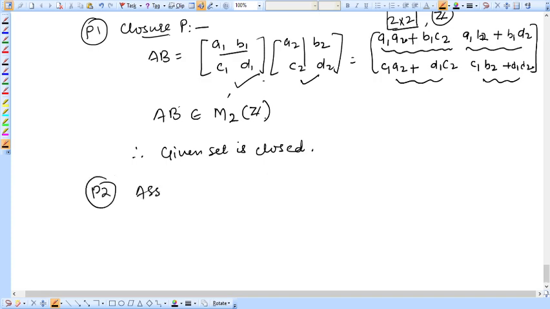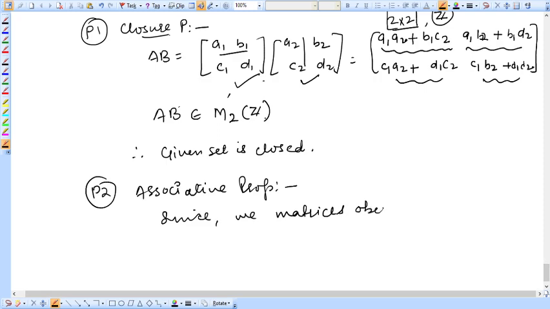Now let us check property number 2, which is the associative property. Since we have done it in elementary classes, matrices obey the associative law under matrix multiplication, as well as addition.